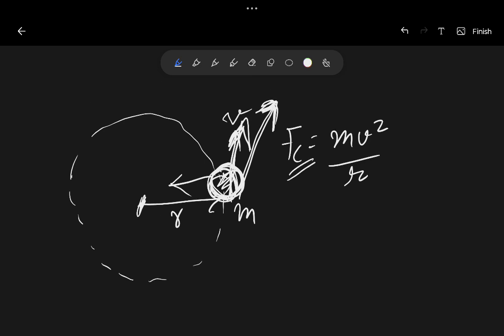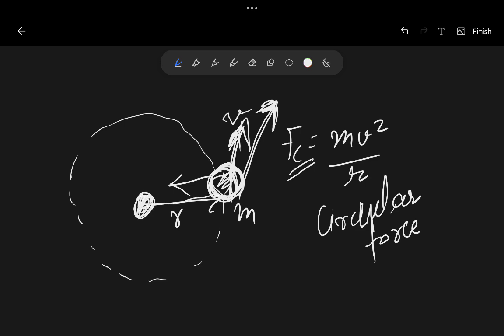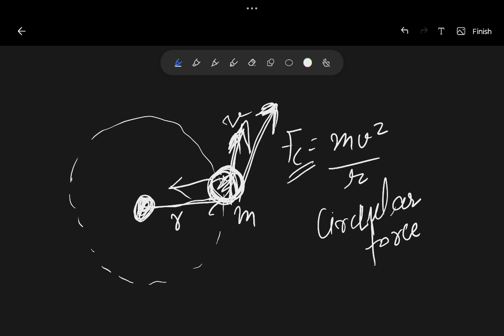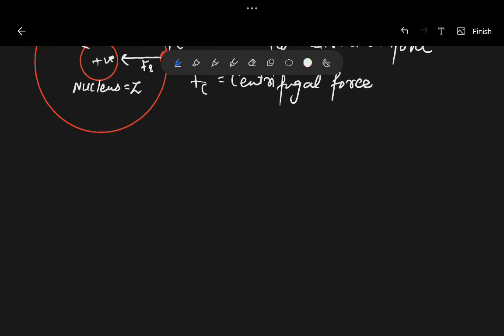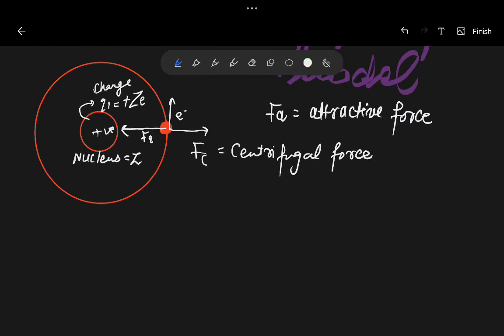You can discover more about what centrifugal force is. You can also call it the circular force. So there is another force, besides the one being exerted by the proton onto the electron, which is called the centrifugal force or the circular force. So here we have two forces acting upon it.